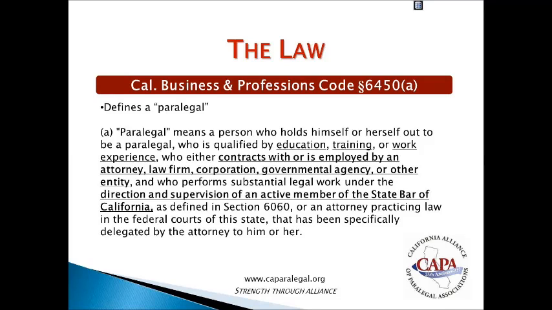So instead of 3 years, currently the code reads that every 2 years, paralegals must complete a total of 8 hours of continuing legal education: 4 hours in a general or specialized area of law, and an additional 4 hours in legal ethics.